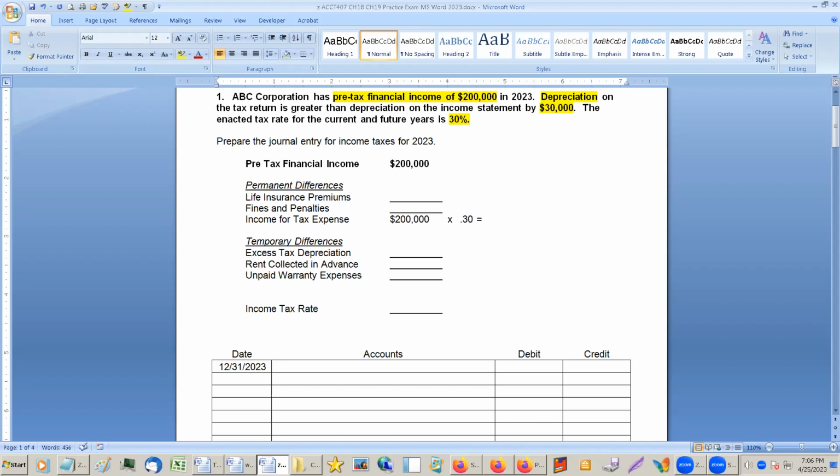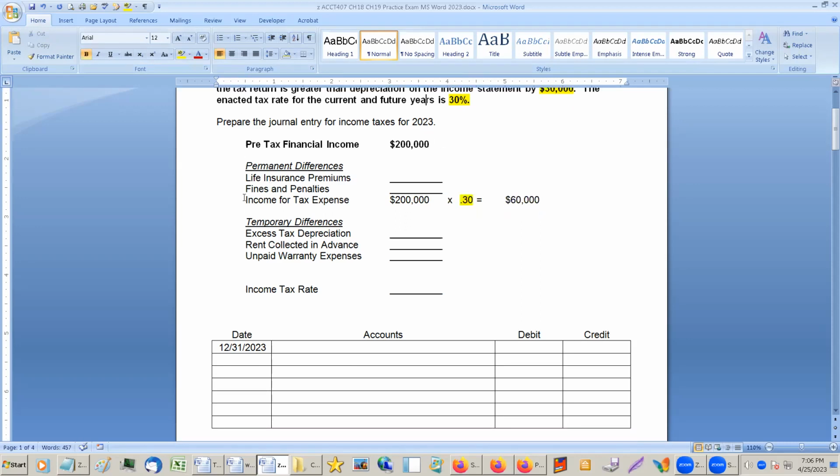What is that, 60,000? So that's our income for our tax expense.